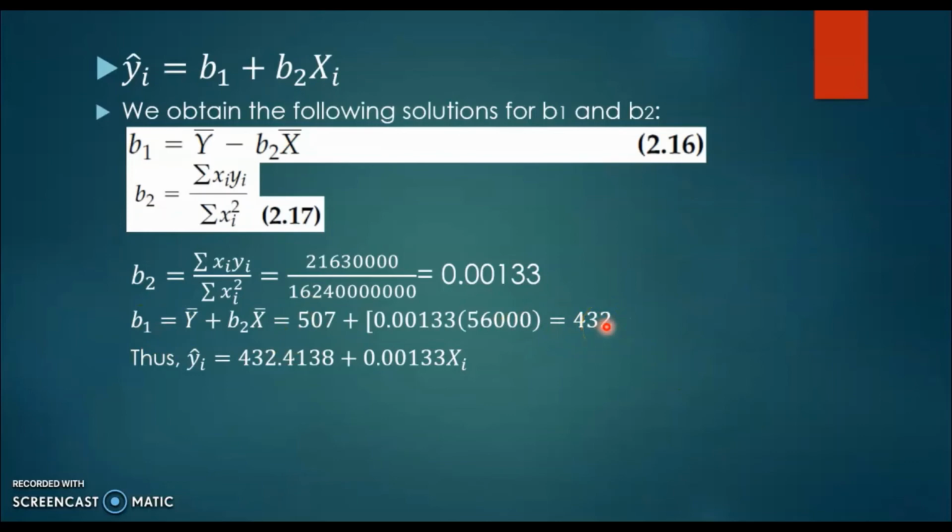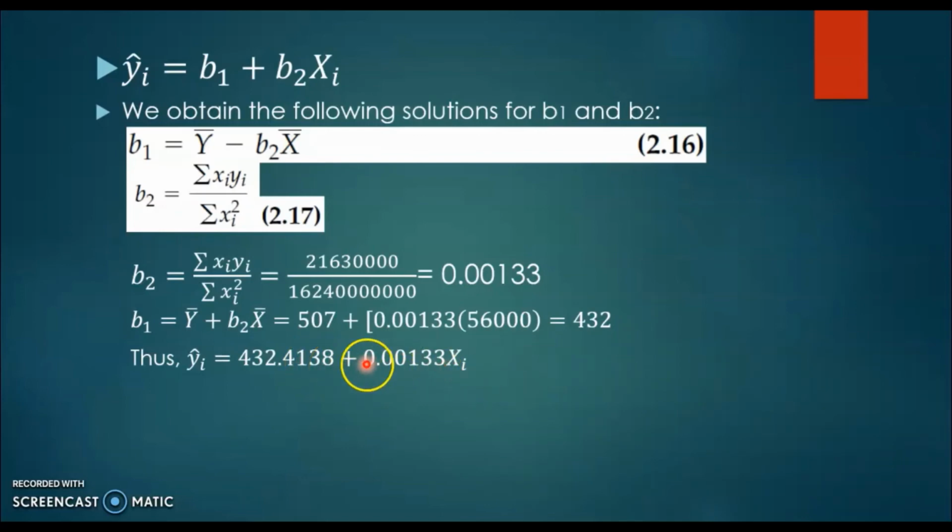But of course, if we take into account the decimal points, we have 432.4138. So to make it more accurate, you can either use 4 decimal points, or if you want, you can also use 5 decimal points. But for me personally, having 4 decimal points is sufficient.